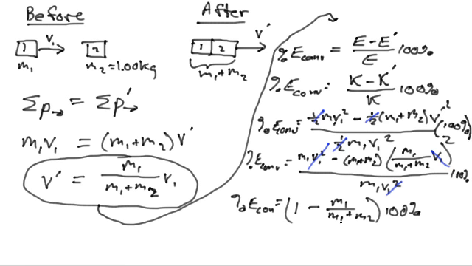Okay. Let's see if we can simplify this a little bit. This will be percent energy converted. I'll put it over a common denominator. So this becomes m1 plus m2 minus m1 all over m1 plus m2 times 100%.